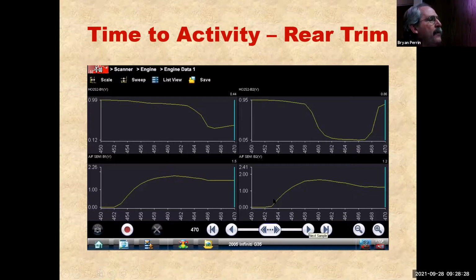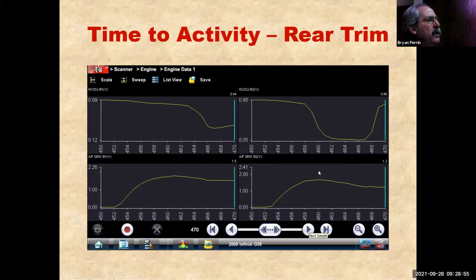Now we come up, it's active. I come up here, here's where I plateau, just like I did on the other side. My sensor is starting to come down. As my sensor starts to come down, we're adding fuel, adding fuel, adding fuel as the sensor's dropping. And when the sensor starts going back up, we flatline, and I end up at 1.2 volts.